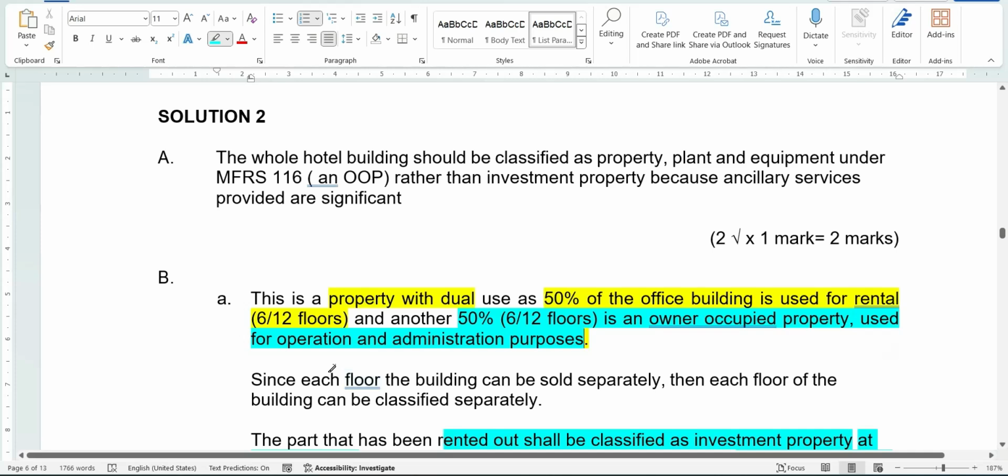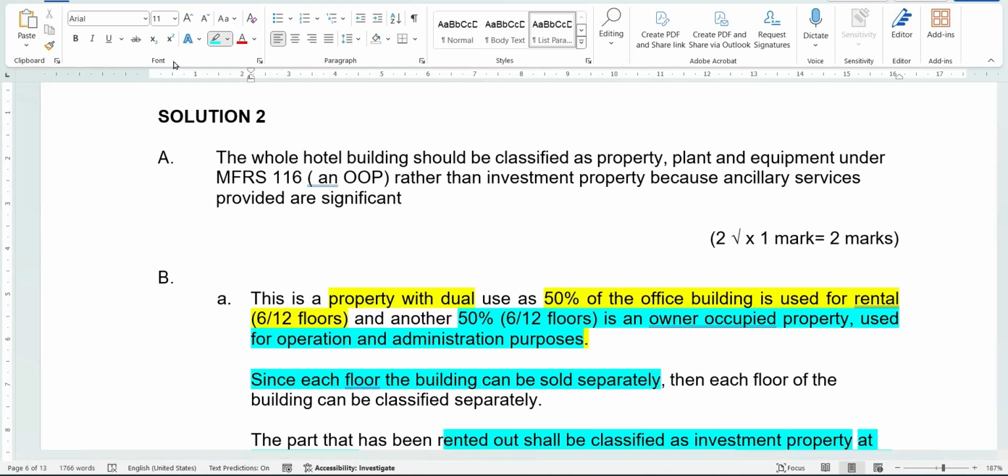So you are telling that this is property with dual use. Now you need to move on to the second point, which is since each floor can be sold separately, then each floor can be classified or accounted for separately.